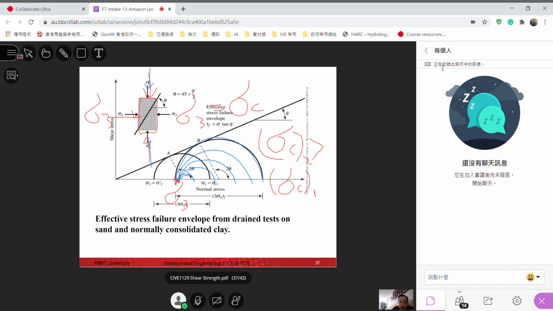This is sigma 1 at failure, and this is sigma 3 at failure. The point of failure is here. Again, they are tangent to the Mohr-Coulomb failure criteria. From that, you can extend back to here. This is the center of your Mohr circle. Anyway, we have 2 points, but usually we want at least 3 tests.